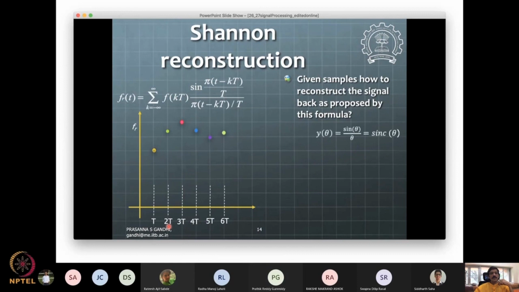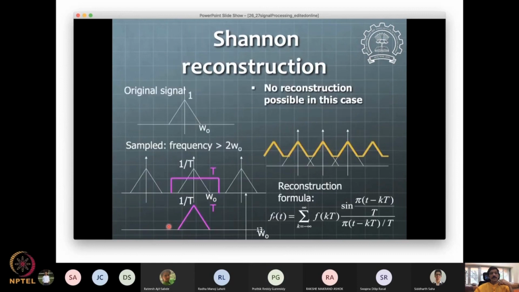Okay, so this is again a frequency domain representation of a signal which is just sampled. So this is just the sampled signal, and now from the sample, when we do some kind of reconstruction, what is the frequency domain representation is what we are considering here.